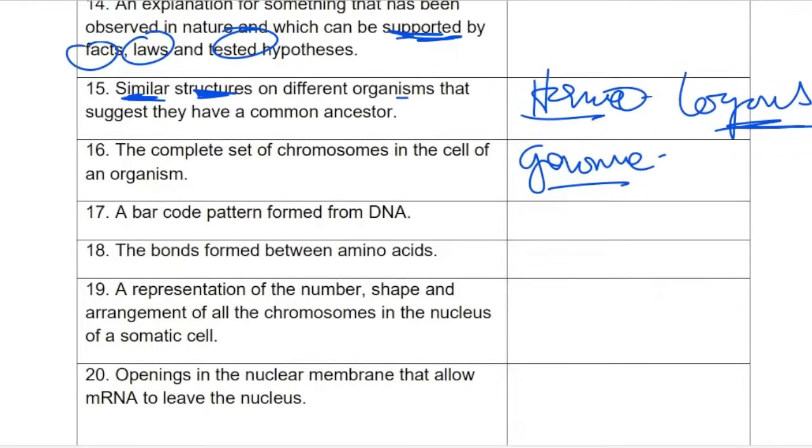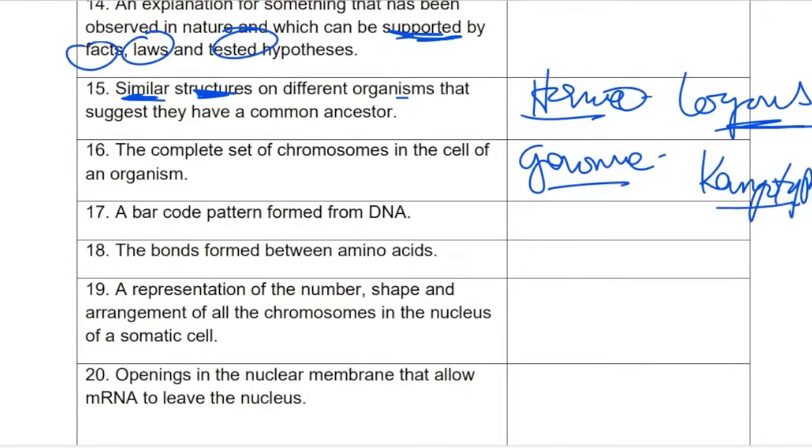Genotype is a description of organism in terms of genetic composition or in terms of gene. The complete set of the chromosome in a cell is a genome. When you talk about the arrangement, it must have the word arrangement. The arrangement of chromosomes, we talk about size and the structure. That's when you talk about the karyotype. I think I'm clear there.